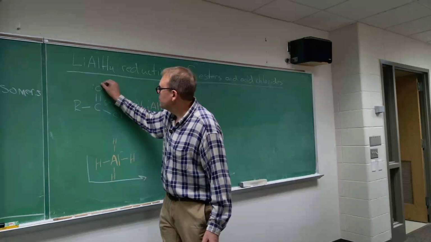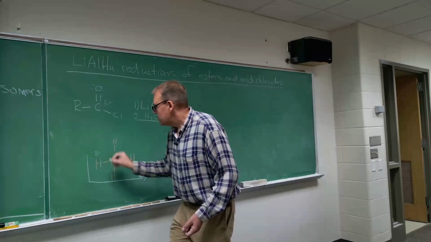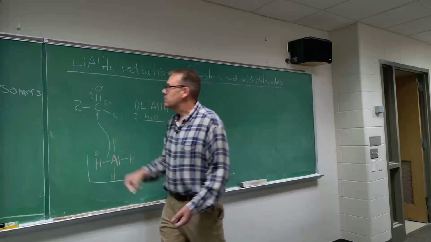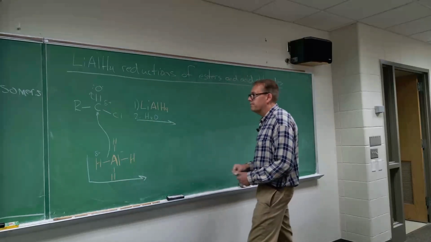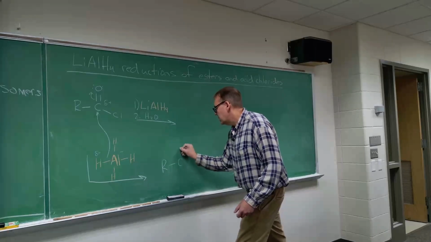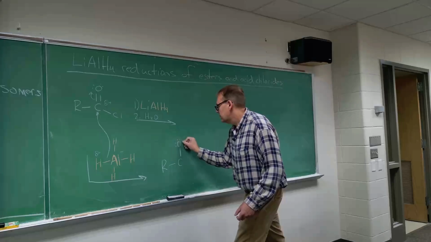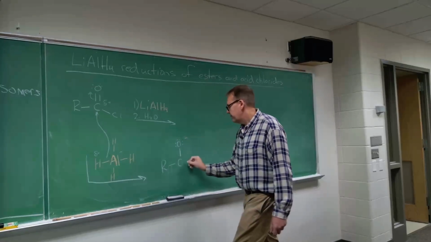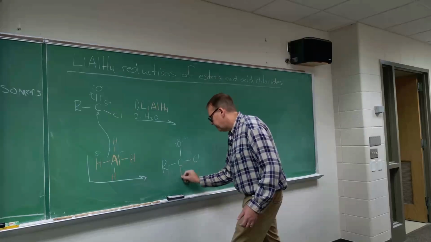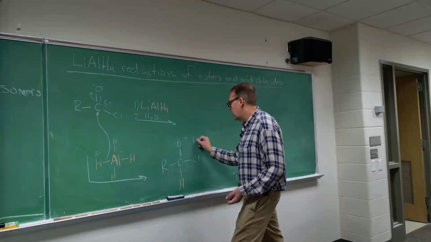So what happens is the partially negative hydrogen goes up and makes a bond here, and electrons get pushed up onto the oxygen of the carbonyl. And what that gives you is an intermediate that looks like this, where we've got an O-, we have the chlorine still attached, and we've added a new H. That came from the lithium aluminum hydride.